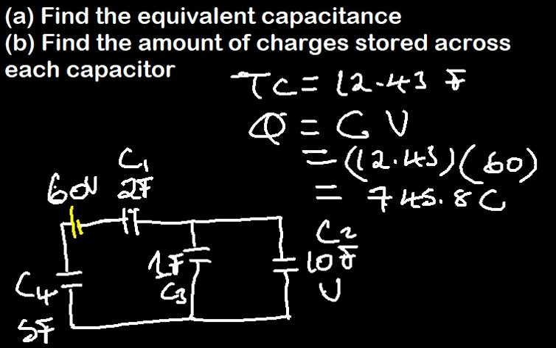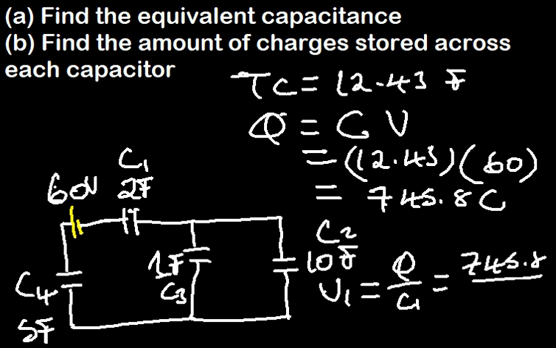Now, what is the potential difference across capacitor 1? In that case, we'll have charge divided by capacitor 1. And what is the charge? That is the total charge, 745.8, divided by the capacitance, which should be capacitor 1. We have it as 2.